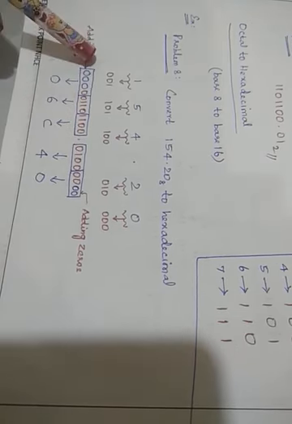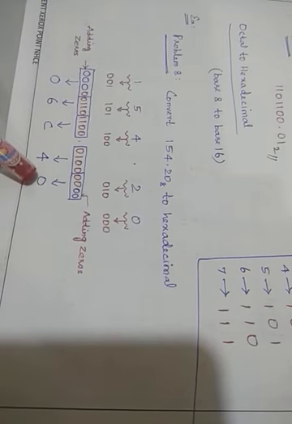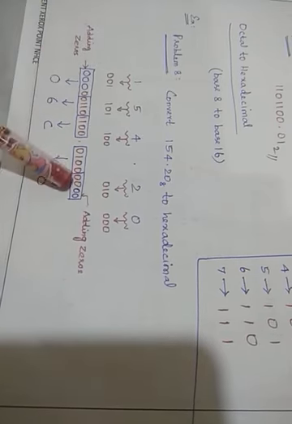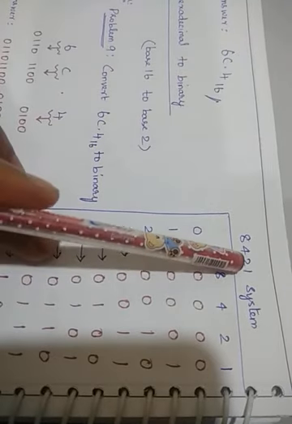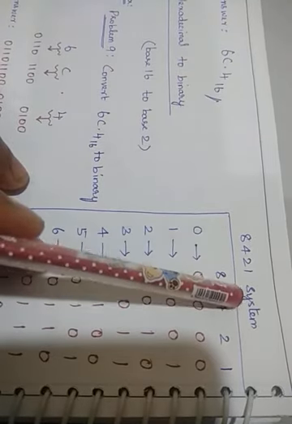Now how I am going to get these hexadecimal values from these binary values, we'll see in this tabular column. See, in this tabular column it is clearly given, this is the 8421 system, which is used for binary to hexadecimal or hexadecimal to binary.